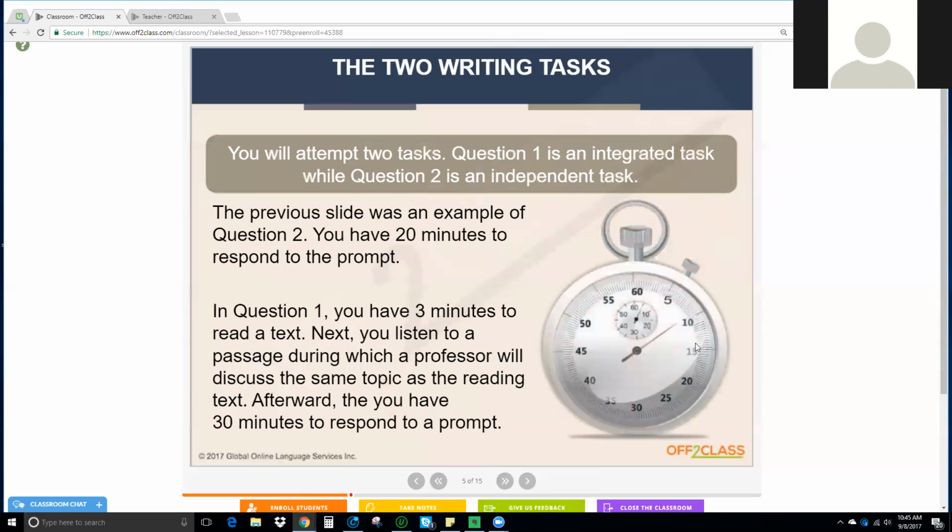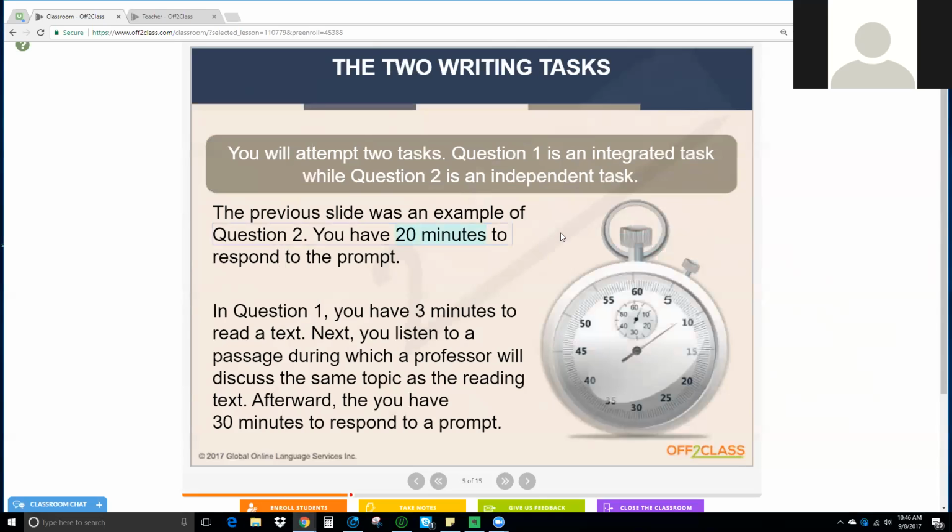Okay, so the two writing tasks, as we mentioned, number 1 is an integrated task, and number 2 is an independent task. Okay, so the slide you just saw, asking your opinion, that was an example of question number 2, or an independent task. You will have 20 minutes to respond.